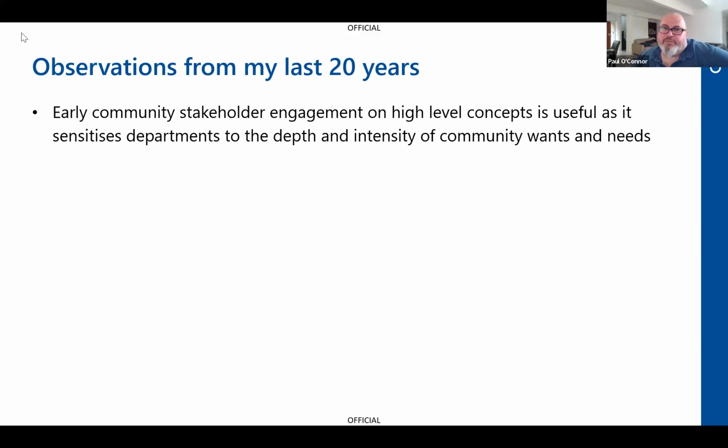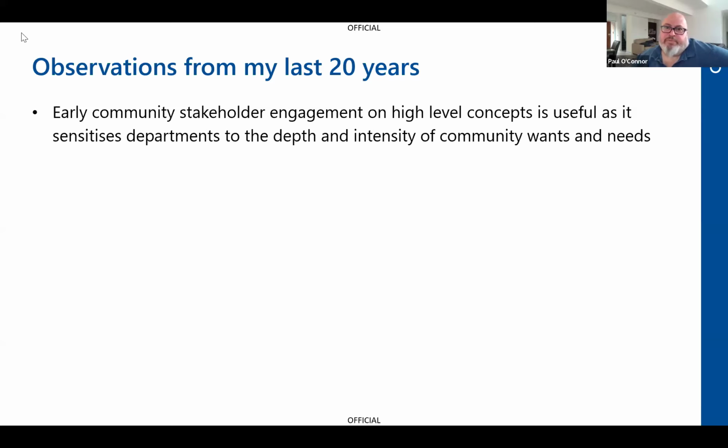When I say high level concepts, I'm thinking about master plans, possible route corridors, conceptual ideas about where a new hospital might go or need to go, and getting the community to start talking about what they want to see. I think it's useful because it gets the community thinking about their future and gives them a sense of ownership of a piece of public infrastructure that is not being imposed upon them. They're co-designing it.